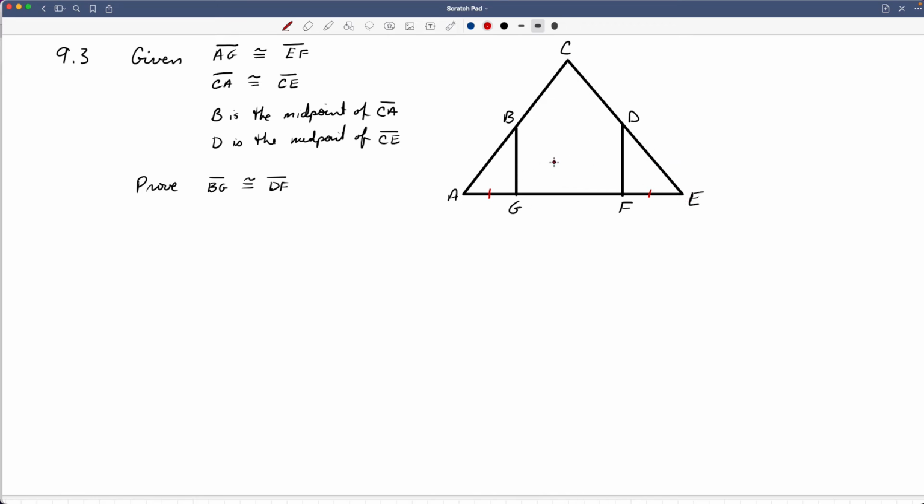So these two sides are congruent. B is the midpoint of CA and D is the midpoint of CE. Then that means that this side is cut directly in half and this side is cut directly in half. And because both of these sides are the same, then all the halves are the same. So this is congruent to this, which is congruent to this, which is congruent to this.